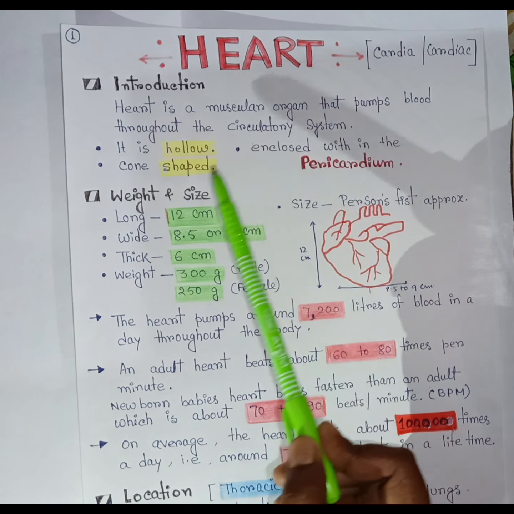The easy way to remember: atria are located on the top and ventricles on the bottom. Atria located superficially and ventricles located inferiorly.